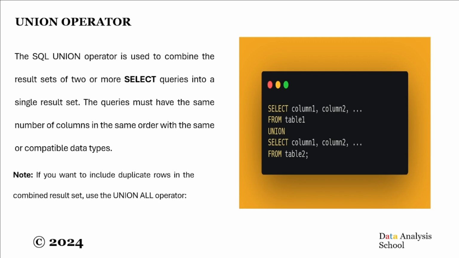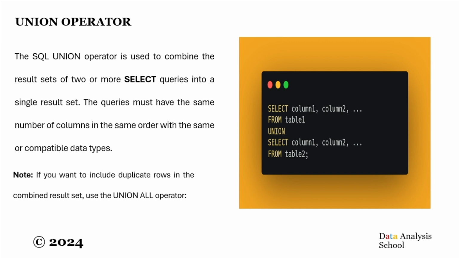Note, if you want to include duplicate rows in the combined result set, use the union all operator. The union operator returns unique values, distinct values, but the union all operator returns what? Duplicate rows in the combined result set.